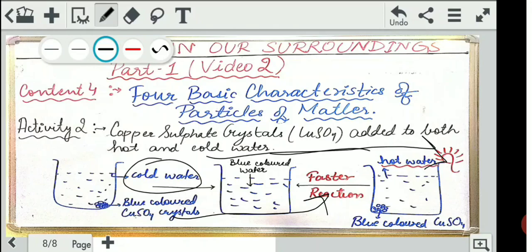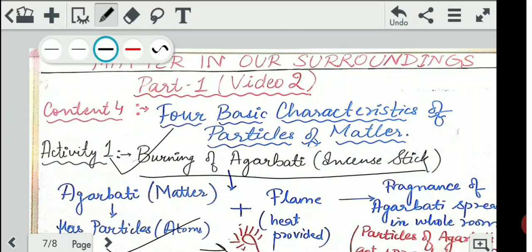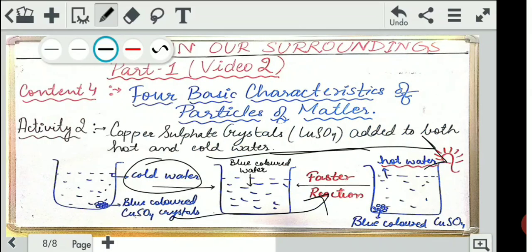Now this is very important. In the previous part also I highlighted heat, and here also I have highlighted that hot water is showing a faster reaction. Why? I'll continue the reason in the next part, but for now you just need to remember that heat certainly has a very important role to play in the movement of particles, right?